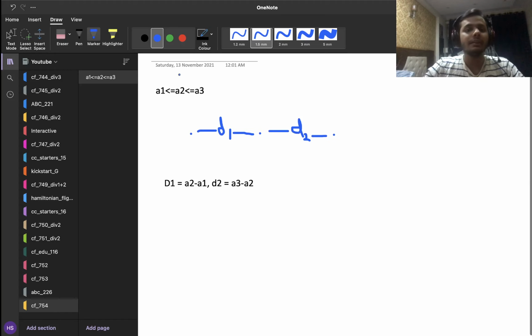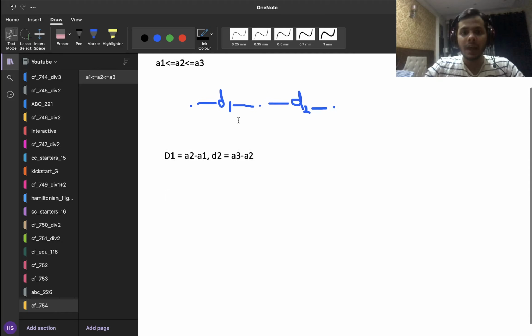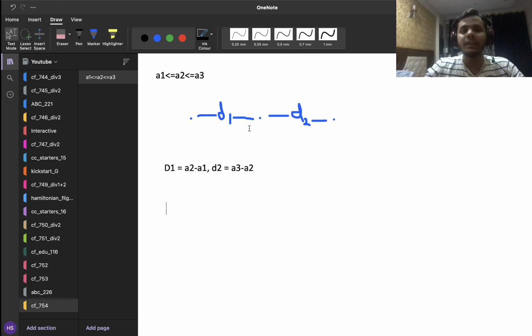In one step I can choose two of these numbers. So obviously I will have two cases. One is the case where I choose a2, and the other is the case where I choose a1 and a3. First of all, I should say that choosing a1 and a3 is just plain useless.